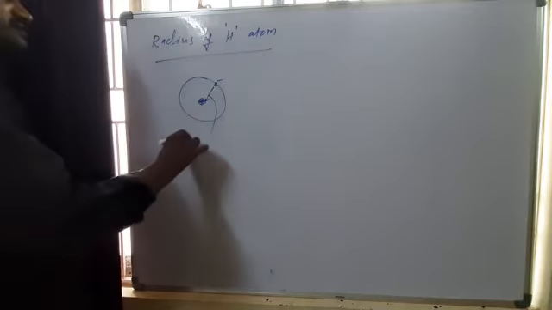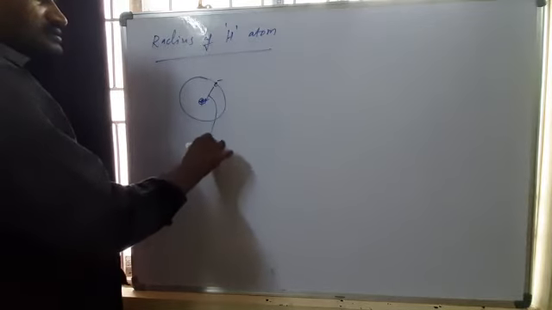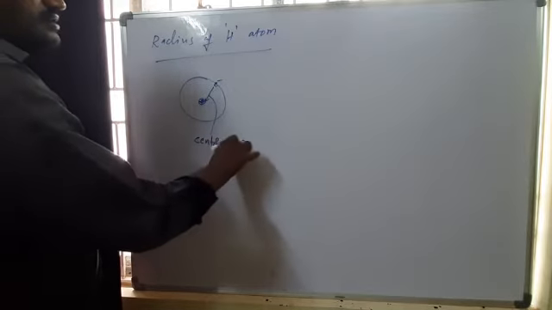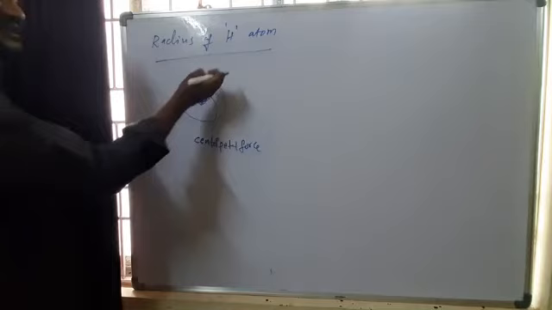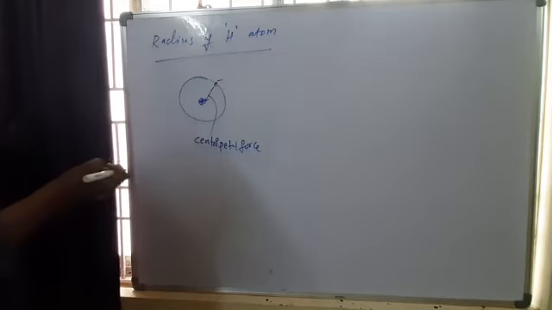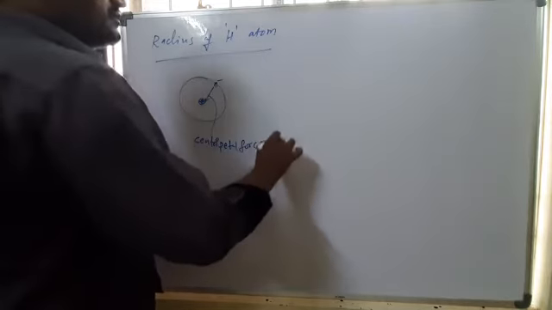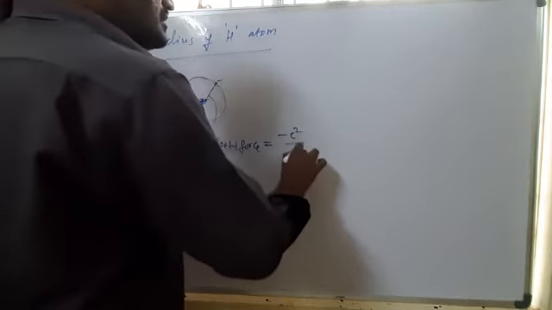That is also called centripetal force. This force is acting to pull the electron inside. That value, the centripetal force, equals minus e square by r square.